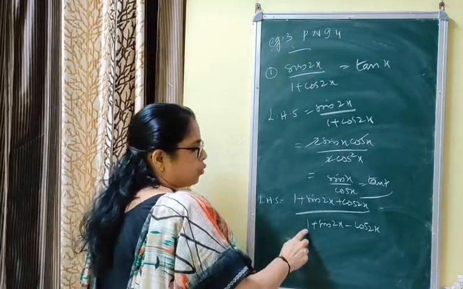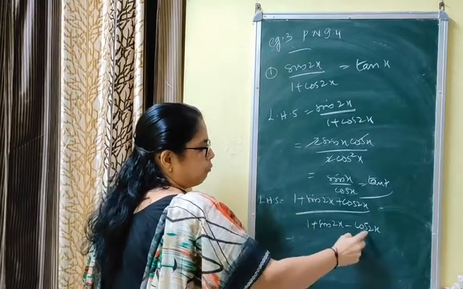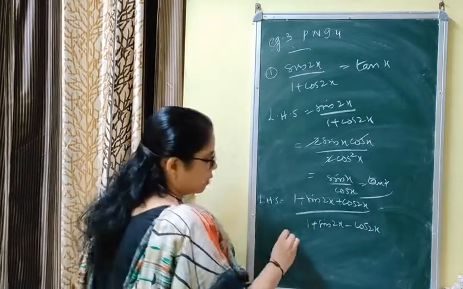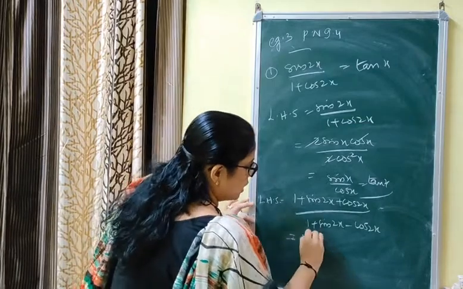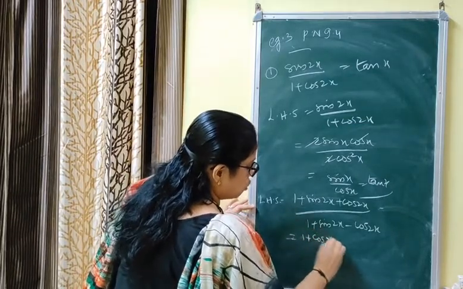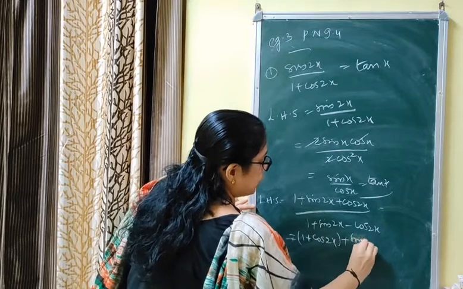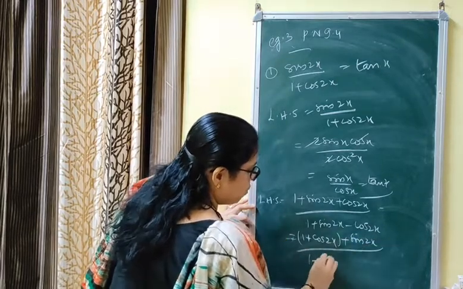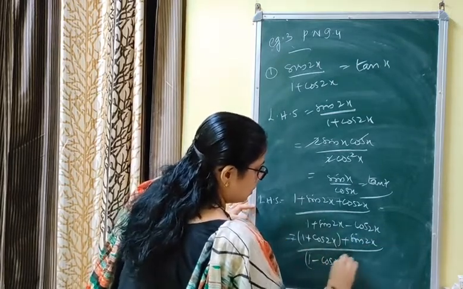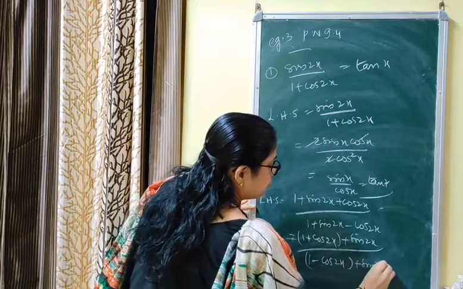Similarly, in the denominator, if you combine the first and last term, you can use the formula for 1 minus cos 2x. This is just rearrangement: 1 plus cos 2x plus sin 2x upon 1 minus cos 2x plus sin 2x.